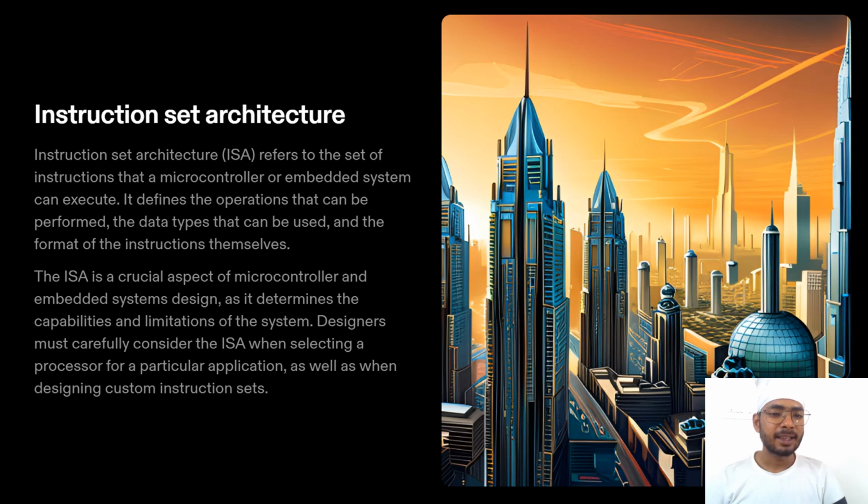The ISA is a crucial aspect of microcontroller and embedded system design as it determines the compatibility and limitations of a system. Designers must carefully consider the ISA when selecting a processor for a particular application as well as when designing custom instruction sets.